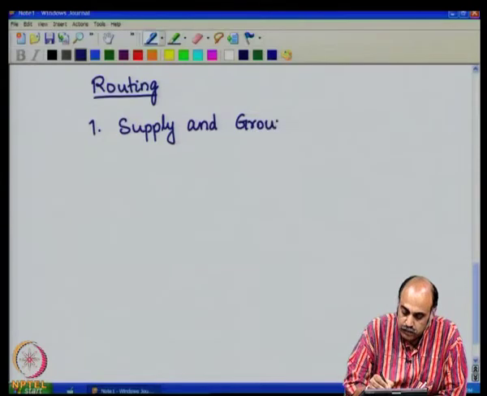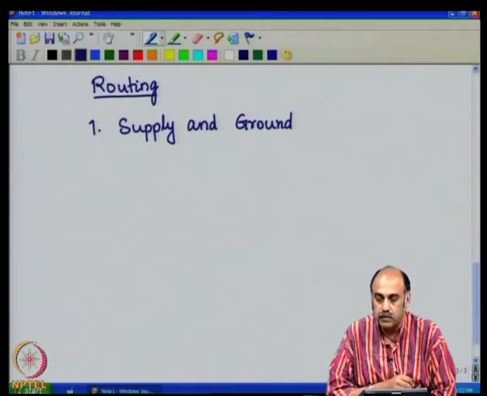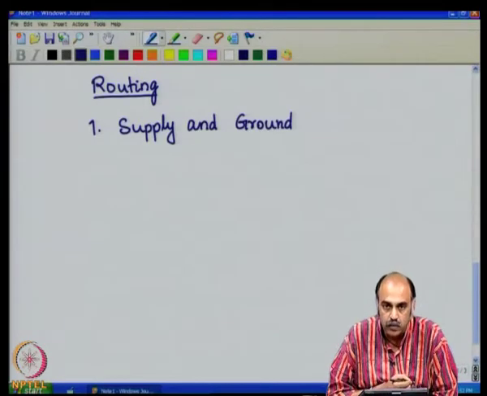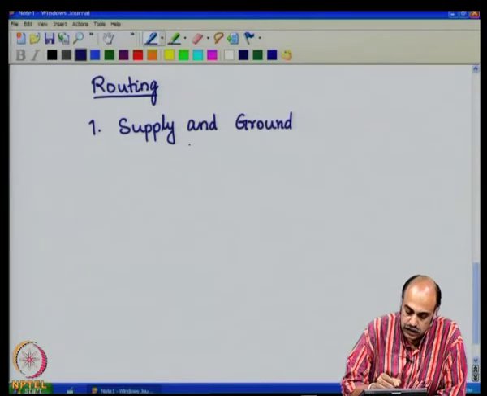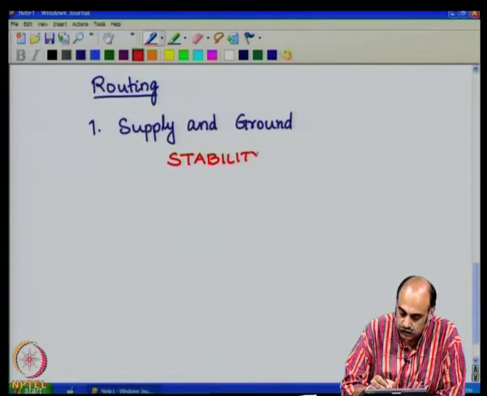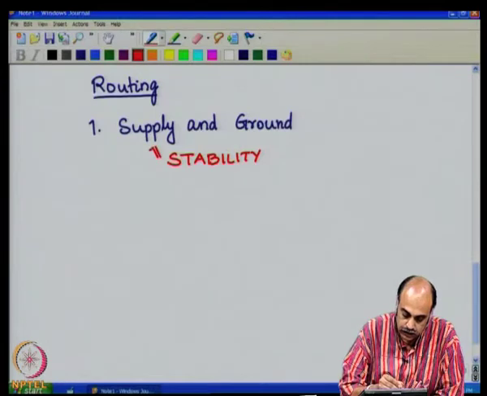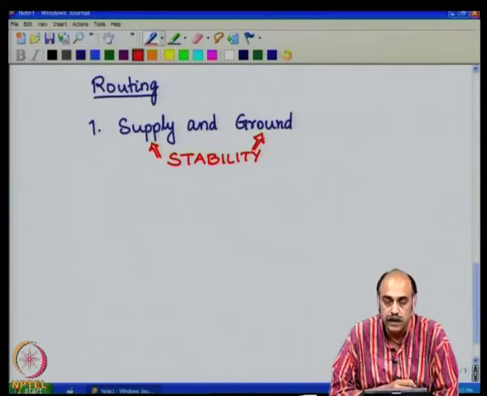These are very important. In fact, the functioning of your entire printed wiring board depends upon the stability of both the supply and ground. This is in fact the most crucial part of your design.